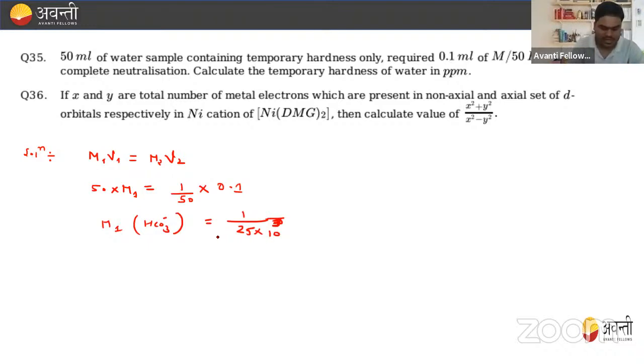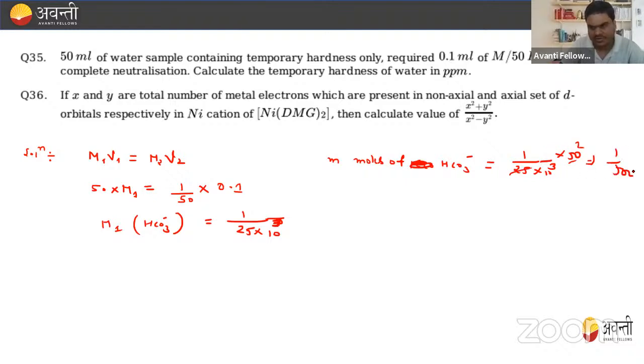Let's assume m moles of HCO3 negative. What does it mean? It means 1 upon 25 into 10 to the power 3, into 50. We can say that it is 1 upon 5. Okay? Let's go.